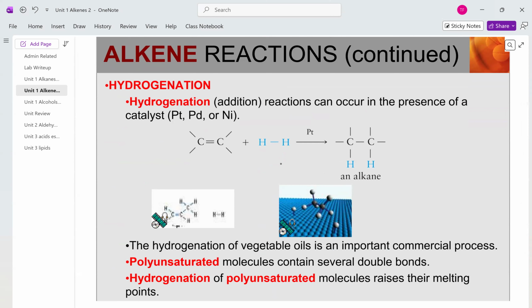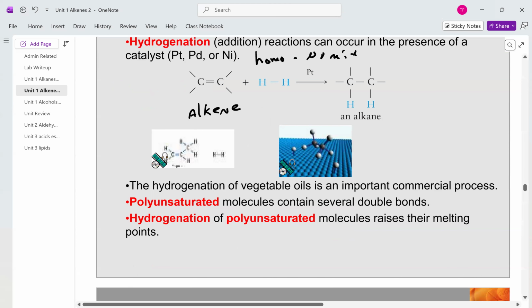So we go from an alkene to an alkane. Homo, no mix. Now this is a very common commercial process. It's also a process biochemically where we take an alkene and actually reduce it to an alkane.